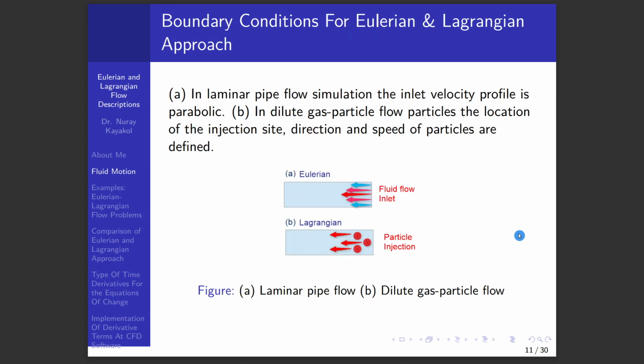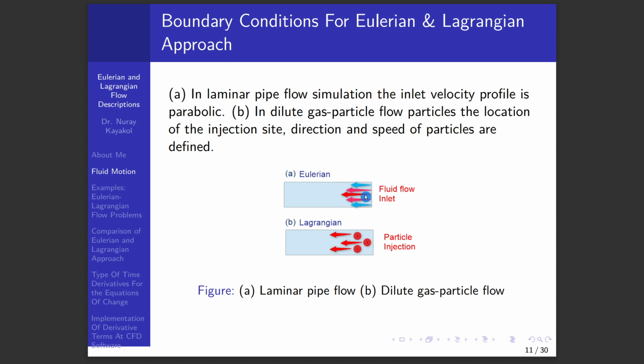To understand you better, consider flow in a pipe. Suppose that we define an inlet. Right hand side you might think of as an inlet, left hand side as an outlet. Flow will go through this pipe. Suppose that this is a laminar pipe flow.